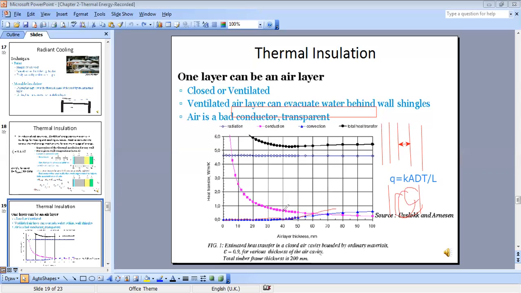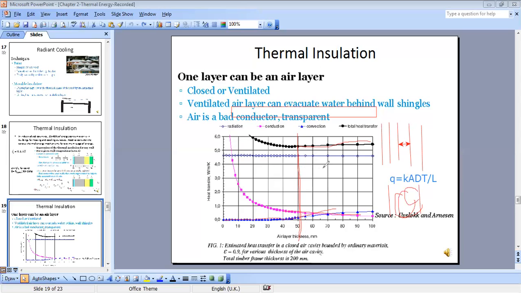And then after 40, the decrease is much smaller. So when we do the summation of all fluxes, you deduce here from the black line representing the total heat transfer that nearly until reaching 50 millimeter, the total flux is reduced. But after 50, it will start to increase. This is why we say that, for example, here the optimal air layer thickness is 50 millimeters.